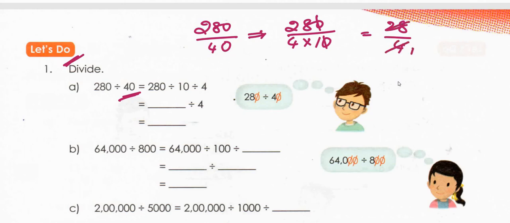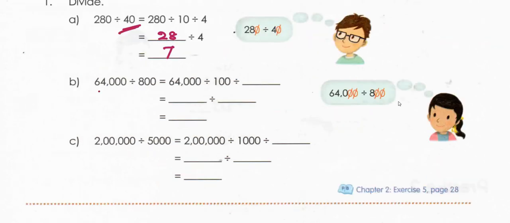Then 4 ones are 4, 4 sevens are 28. 7 by 1 is always equal to 7. Remember that. So no need to write by 1 here. You write down only 7. So 280 divided by 10, you get 28. 28 divided by 4, you get 7. Do this: 64,000 divided by 800.